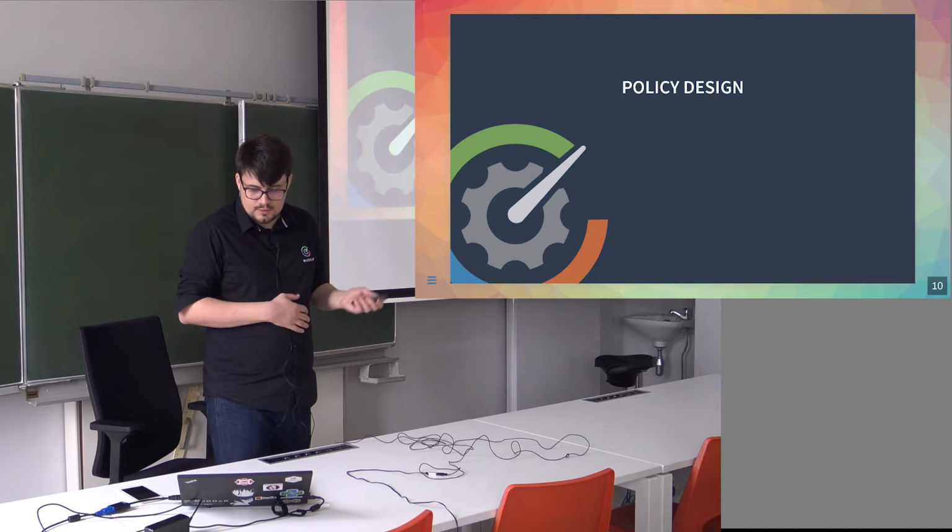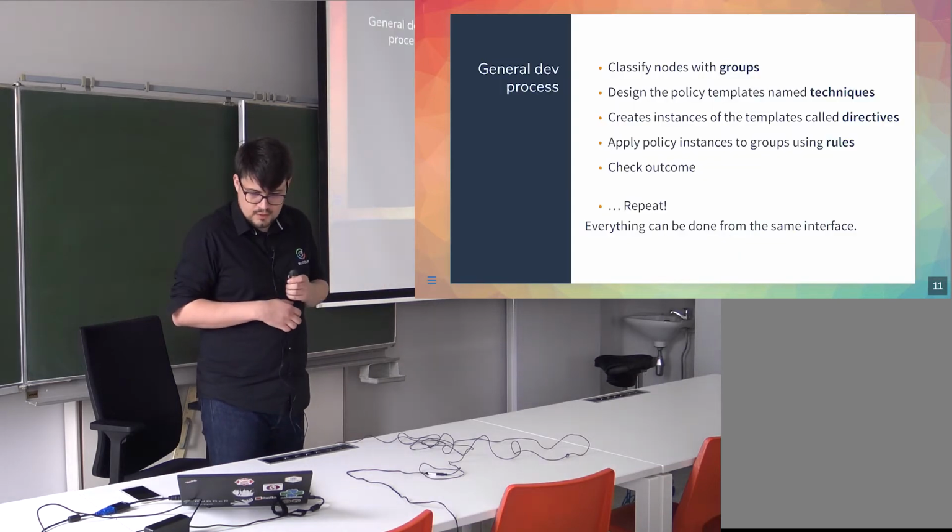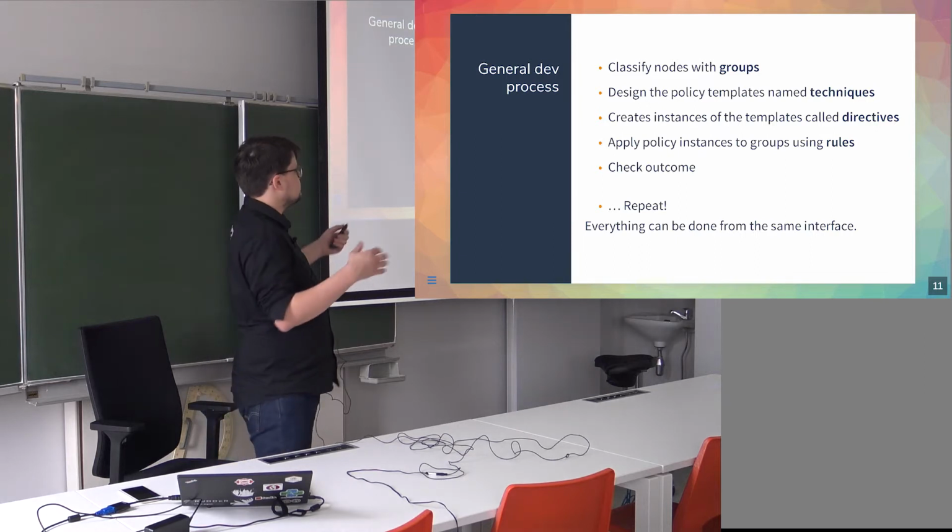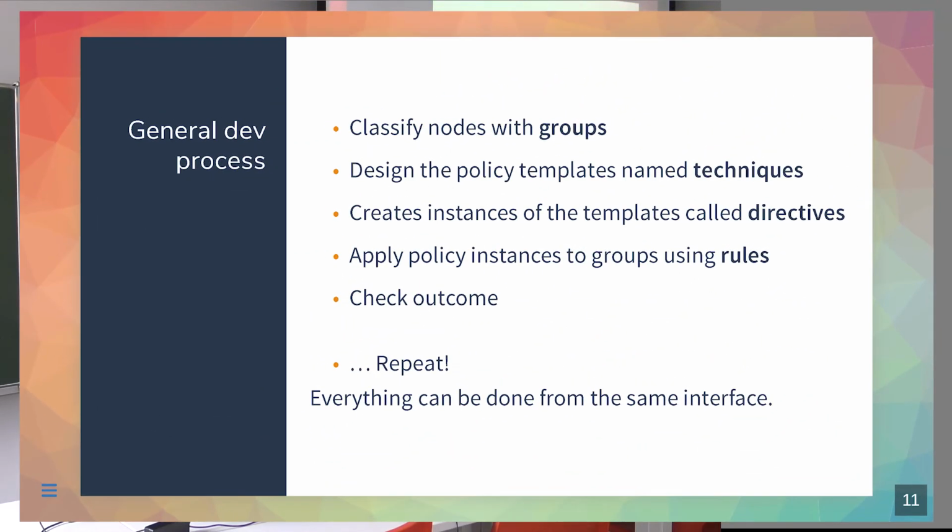So we start with policy design, actually. The general development process of Rudder is to start by managing the nodes we have, because the server needs to know about the nodes it manages. So we'll collect information about the nodes and we'll classify them using groups, which are called groups in Rudder, which are basically a set of machines.